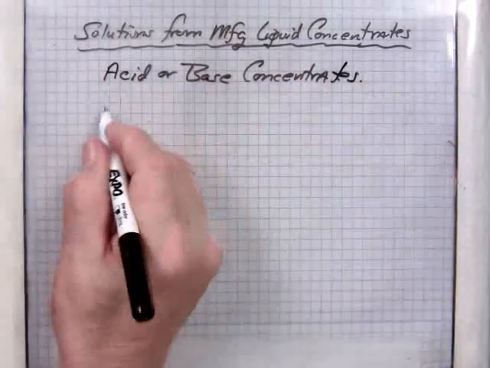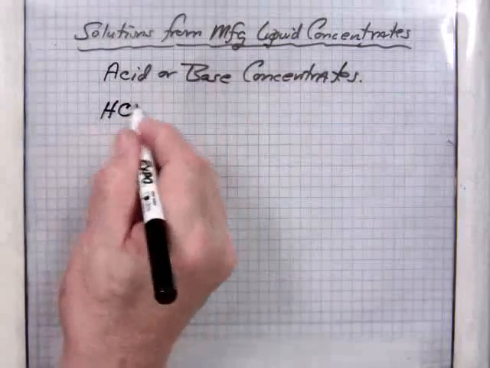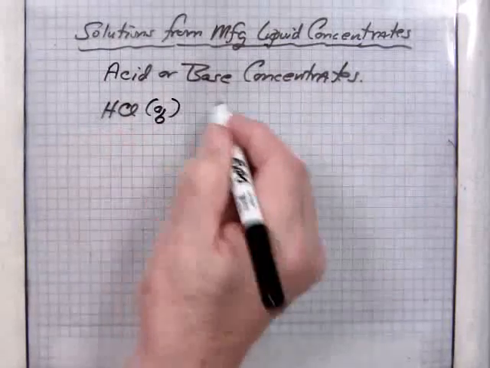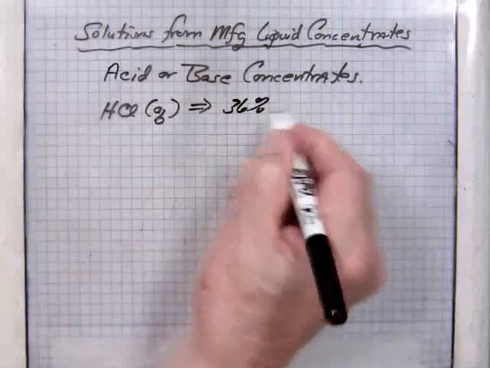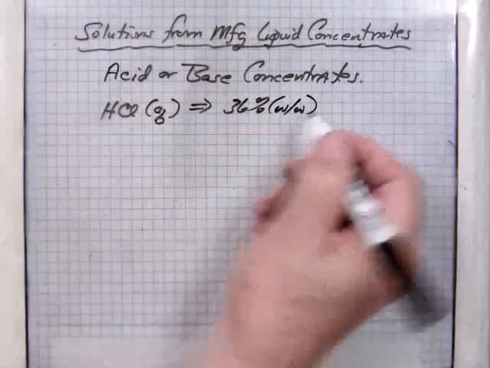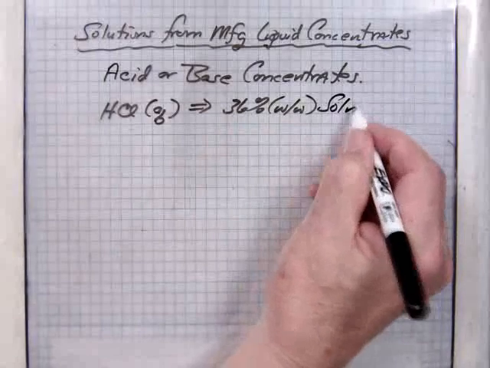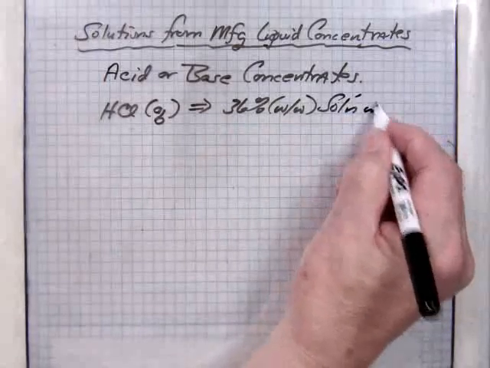For example, hydrochloric acid usually comes as a 36% by weight solution in water.